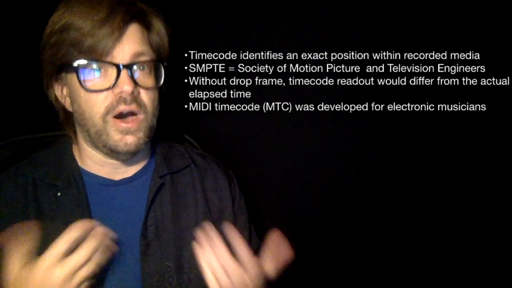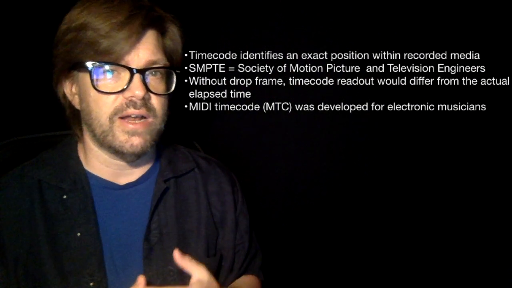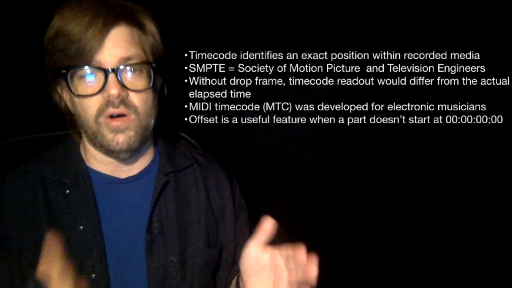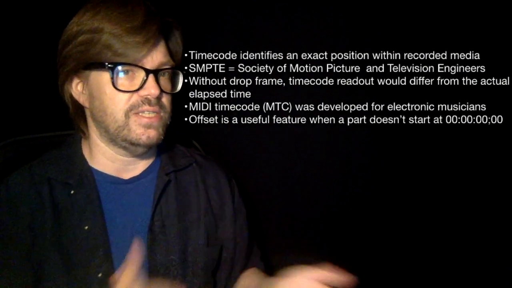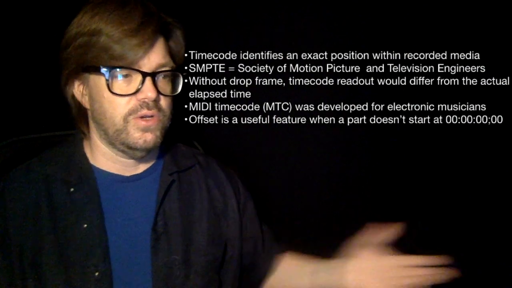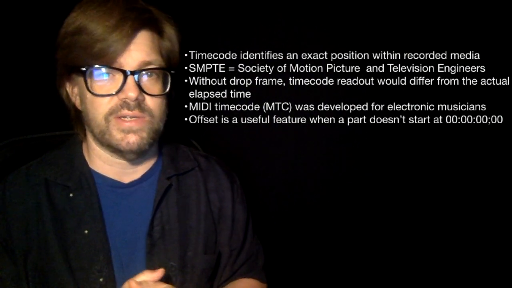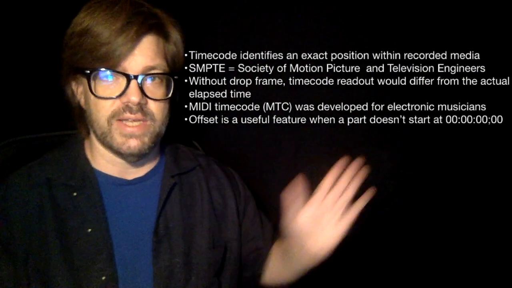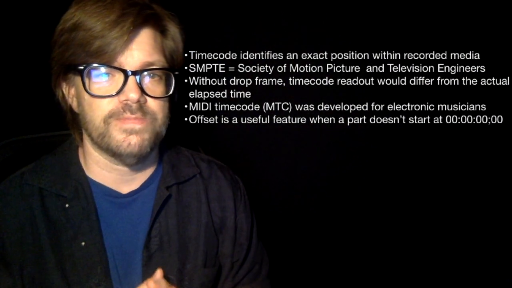There's a thing called an offset. Now you can use that offset when you're synchronizing devices that do not all start at the beginning of the song at 0000, right? You can set an offset, say, for the chorus part to wait 1 minute and 13 seconds and then start to play, or whatever it is.